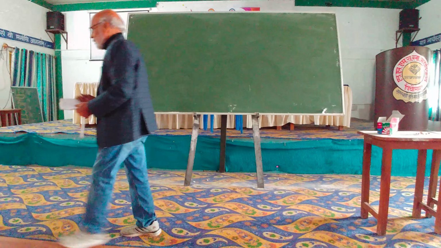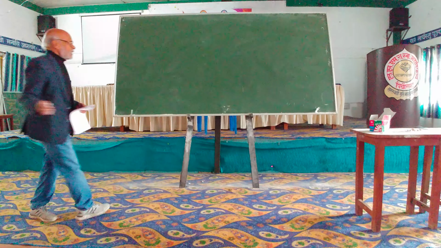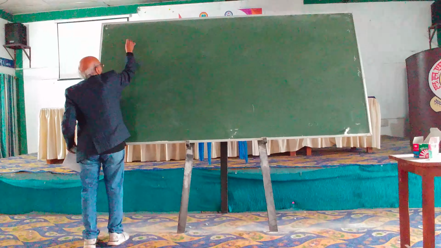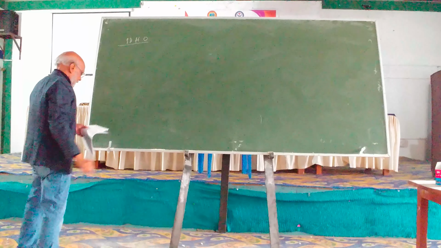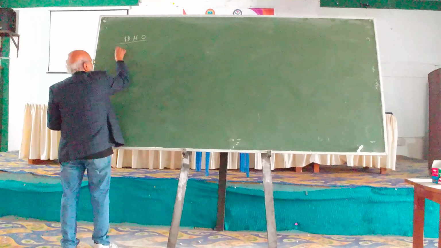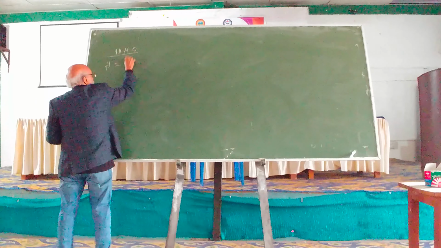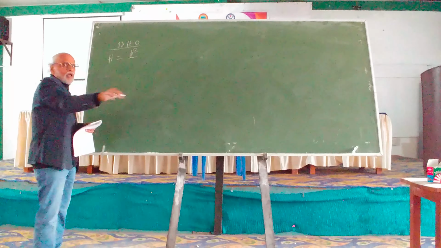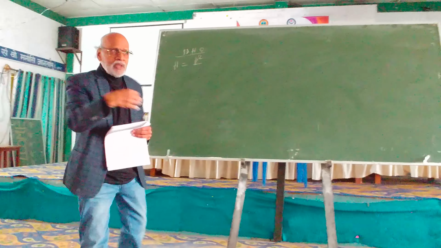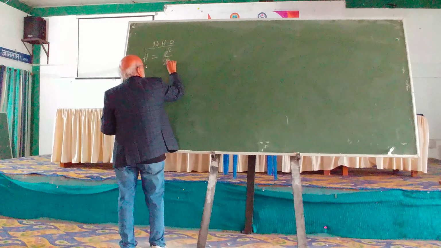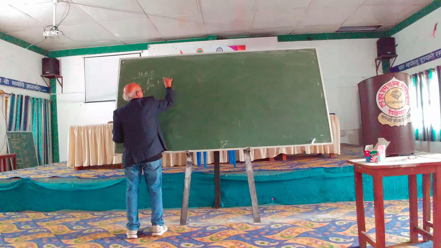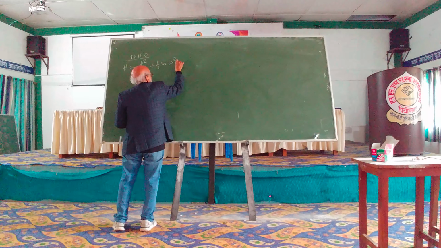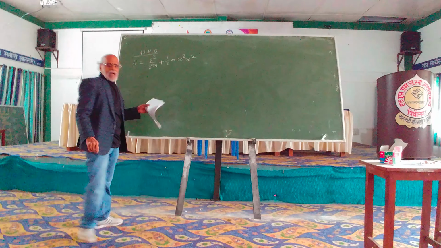Now, let me again write the one-dimensional harmonic oscillator. Okay, and here now I can directly start with H. So this is P, let me drop the X subscript with the P. So P square by 2m plus 1/2 m omega square x square.